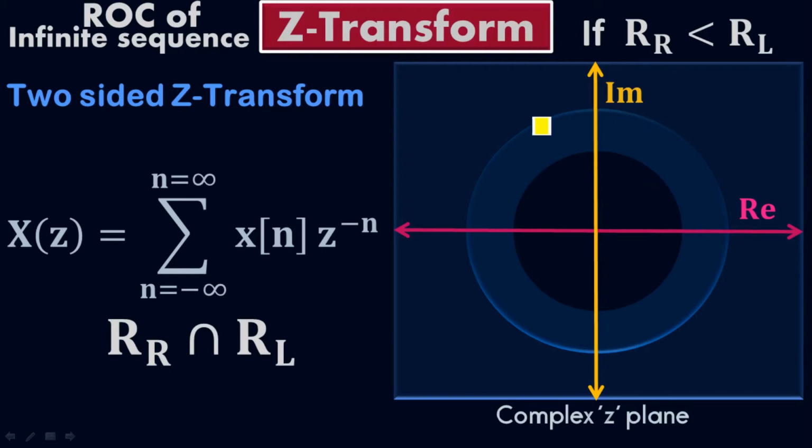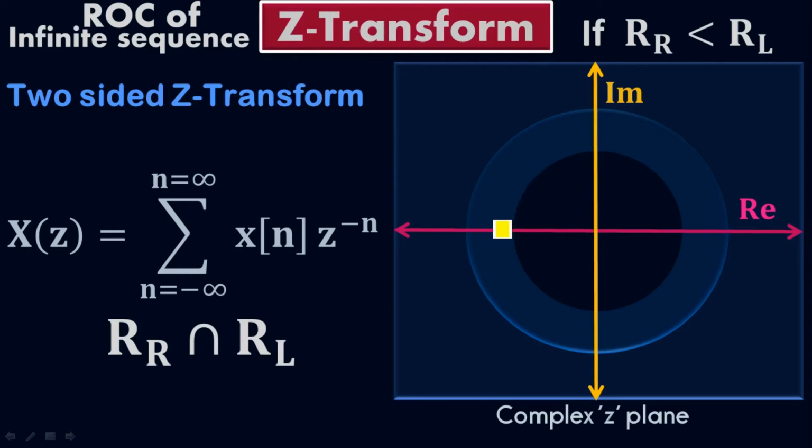If such is the case, as we have it here, the radius of the left-sided Z-transform, R sub L, is up to here and R sub R is here. The condition says that R sub R must be less than R sub L. Now, this combined gray region will be the region of convergence for the two-sided Z-transform.